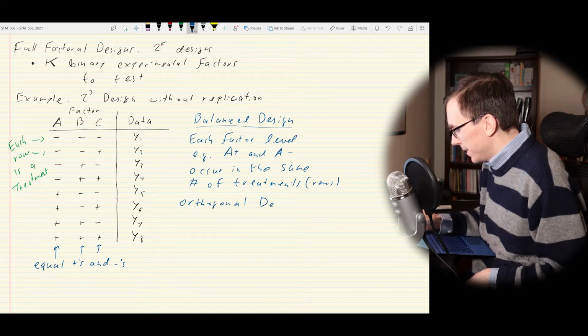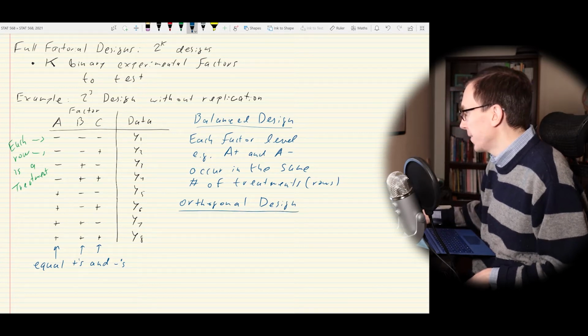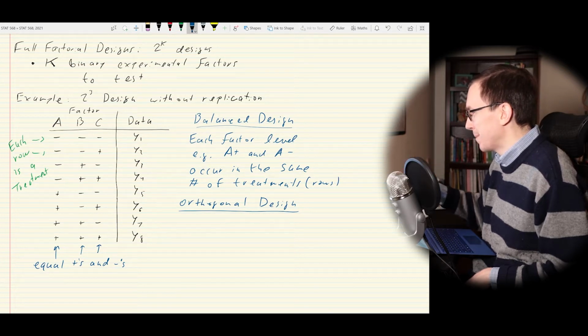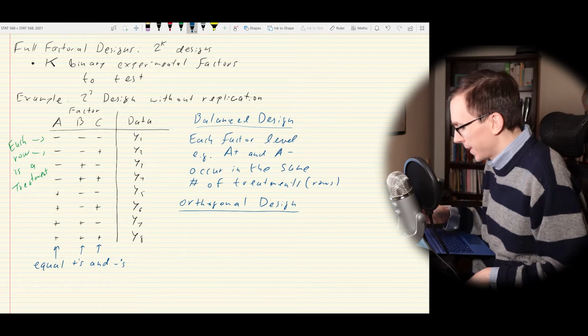Orthogonal design, another nice property. It says if two factors have all of their level combinations occurring an equal number of times, then they are said to be orthogonal.